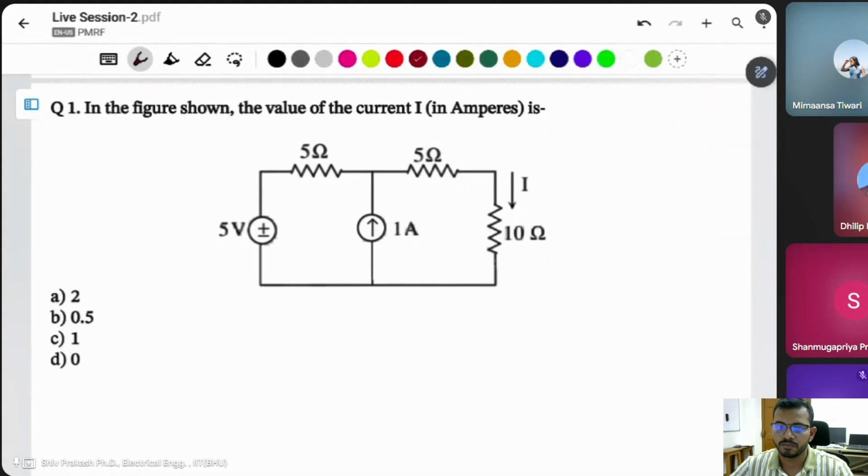This question is simply asking the current flowing through the 10 ohm resistance. This type of question you can simply solve by using KCL at this node.